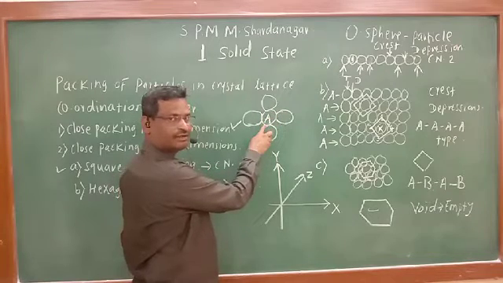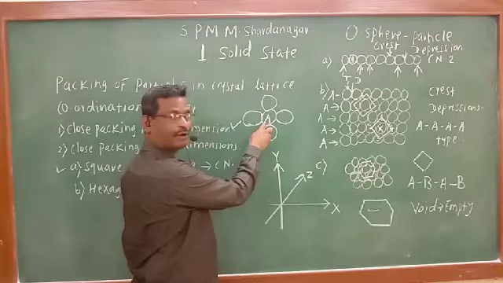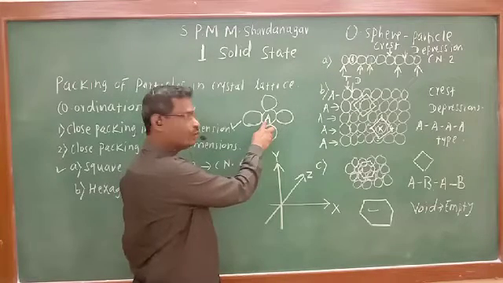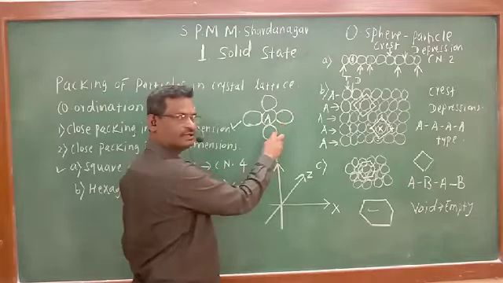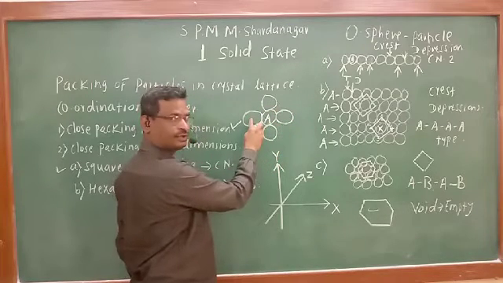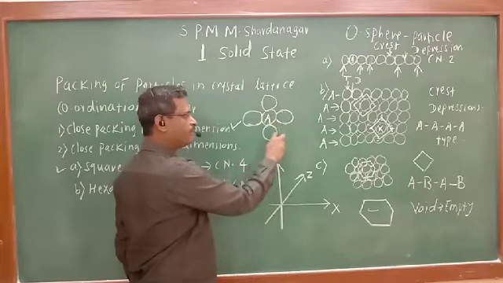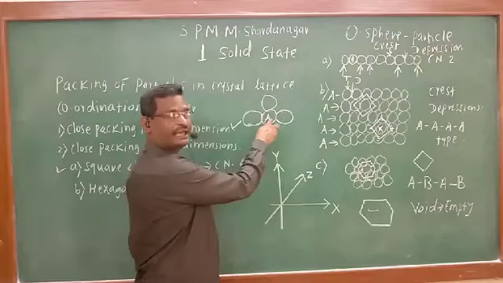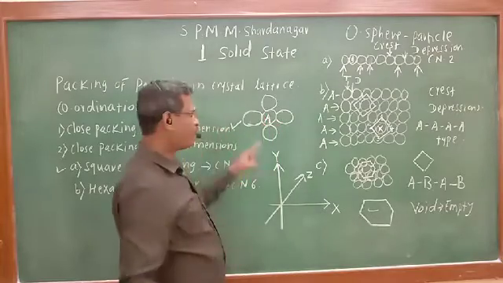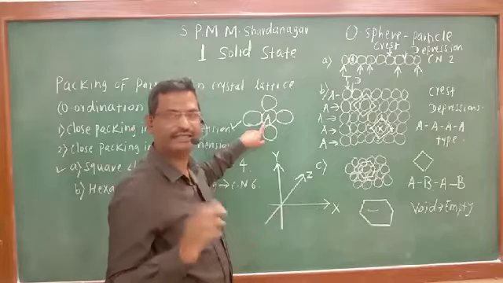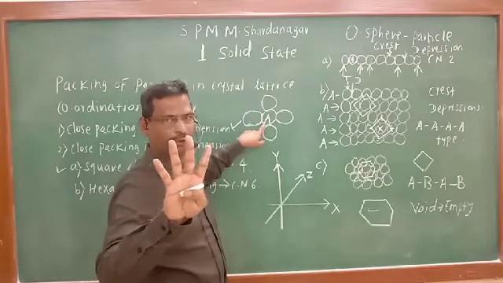At center, there is one sphere I have written as A. It is in touch with how many spheres? 4 spheres. 1, 2, 3 and 4. So, these 4 spheres are touching the given sphere A. Therefore, coordination number of this given sphere A is considered to be equal to 4.